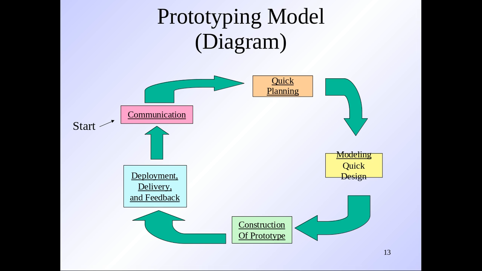This cycle is done again and again until the customer is satisfied. The evolutionary process model has three types of models: prototyping model, spiral model, and concurrent development model.